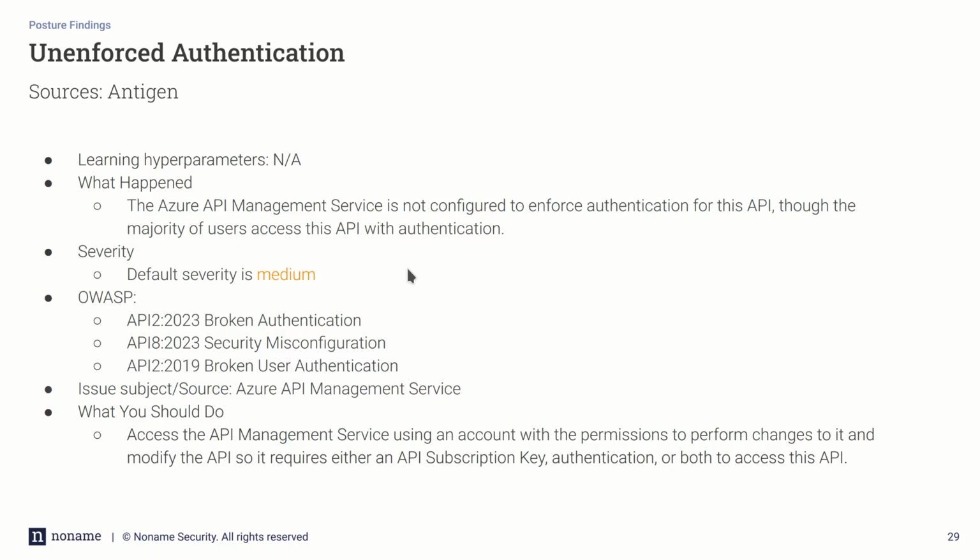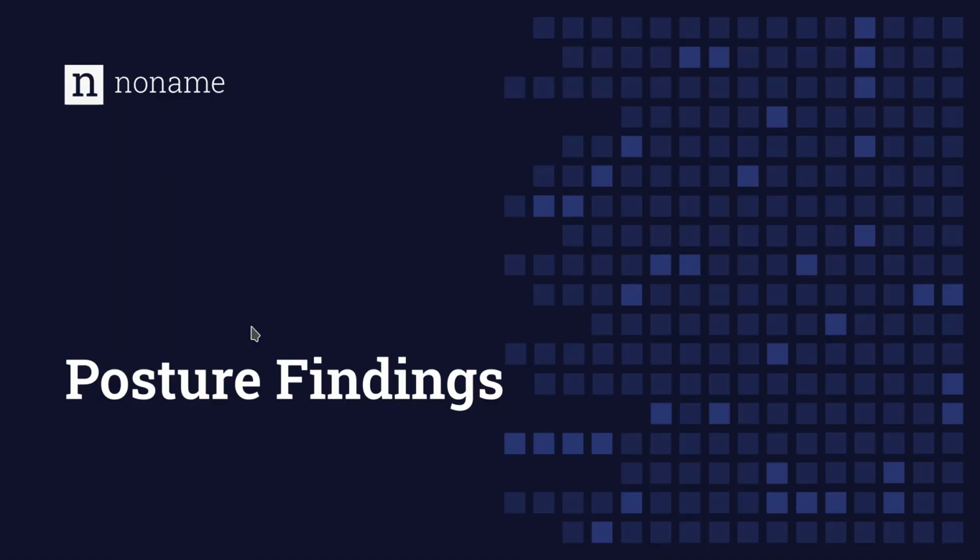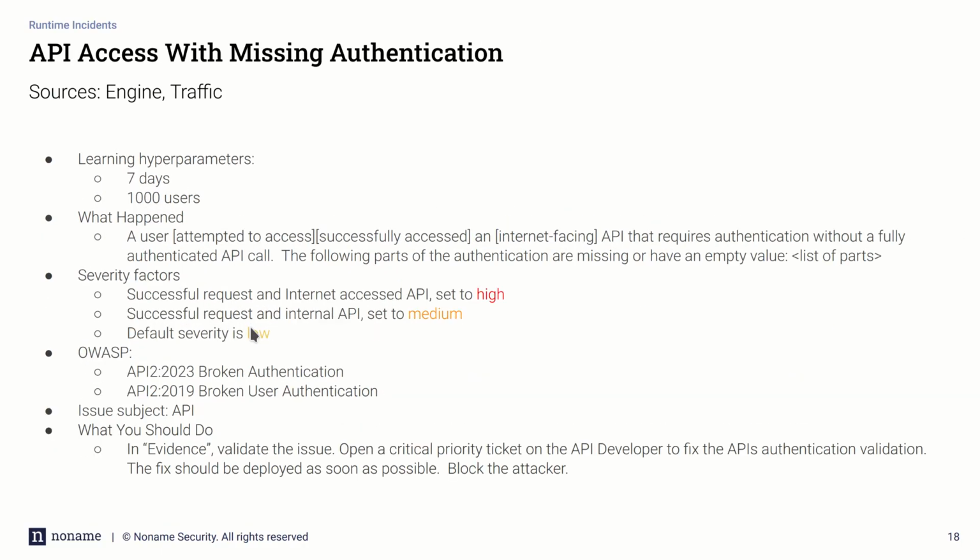Remember the use case during the incident, where there was an API with broken authentication? Second or third slide in the incident section. I can take you back. Why not? Let's go back. There you go: API access with missing authentication. Remember the use case, 1,000 users, 500 authenticated successful, 500 unauthenticated successful.